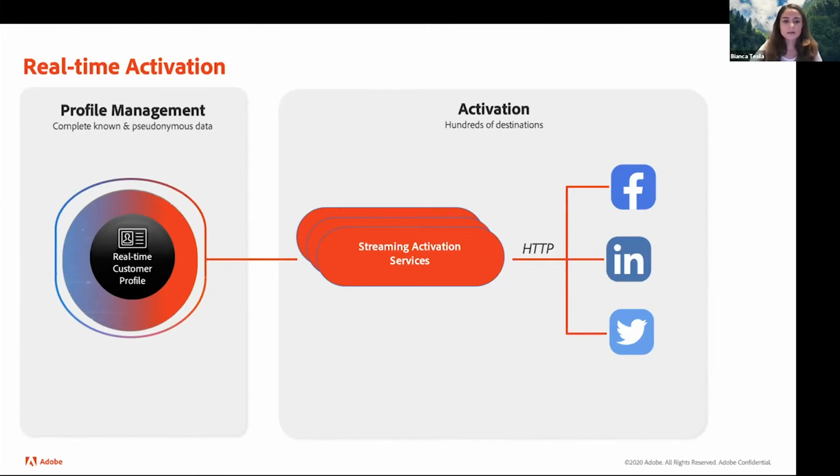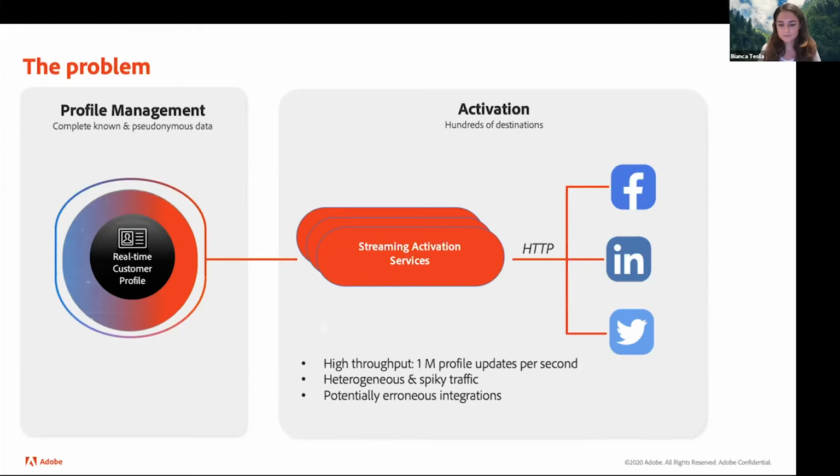And because the data that is flowing through the real-time customer data platform is really at high throughput, we've set ourselves rather high KPI of being able to transport over 1 million profile updates per second, and also take into account that each such integration is a peculiar one.